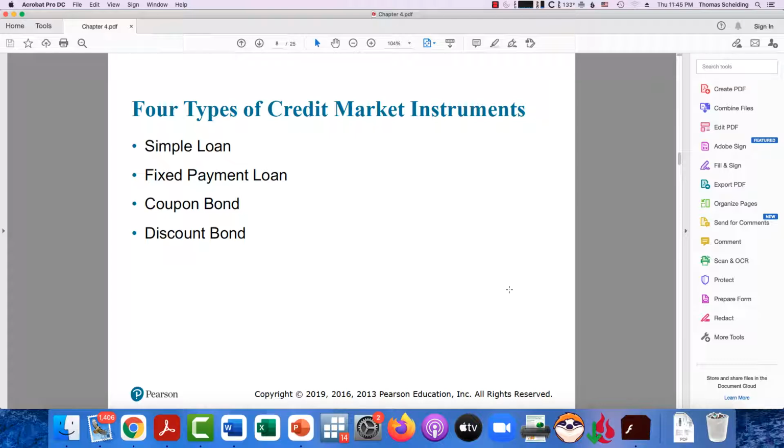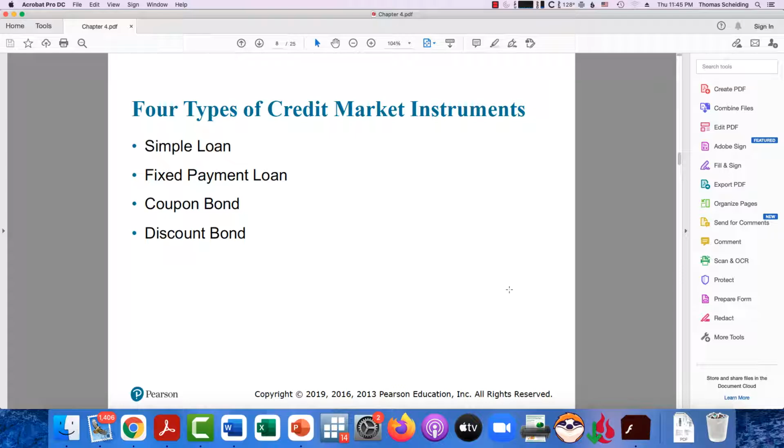The first would be the simple loan. The simple loan is pretty easy in the sense that it's basically equal monthly payments. And with these equal monthly payments, the interest rate is pretty easily determined.